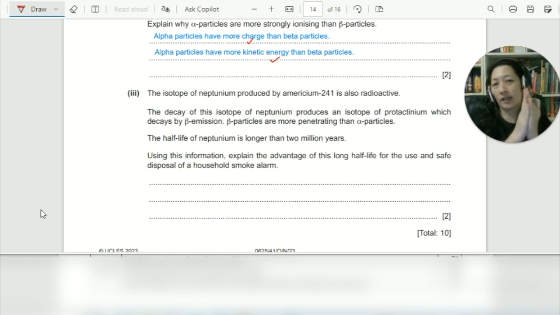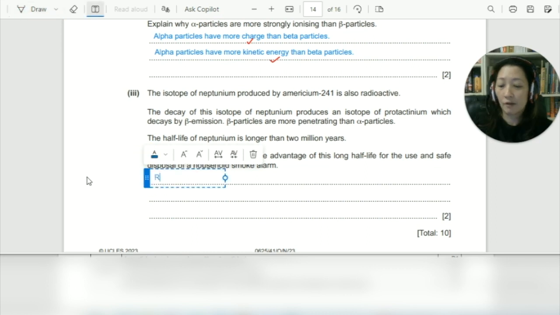Whereas for radioactive material with a longer half-life, its emission tends to be a little bit more sparse because it's slowly decaying over a long period of time. So with less emissions, it's not that it's safer, it's just that there's less activity to worry about. So that's one of the advantages of material with very long half-lives. So that's what we're going to write.